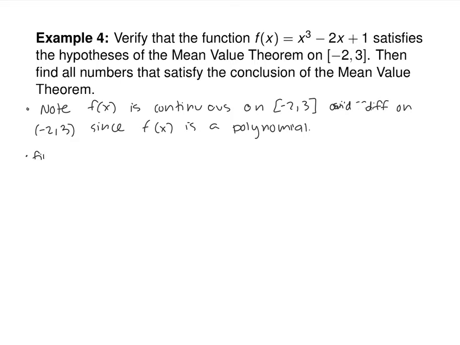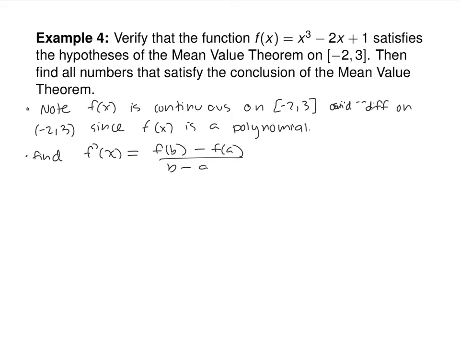Now we want to find where f prime of x equals f of b minus f of a over b minus a. And the difference here is you're going to set the derivative equal to some number that's not necessarily 0. It's just going to say, where is the slope of the tangent line, I don't know, 2 or something, instead of where is the slope of the tangent line 0.